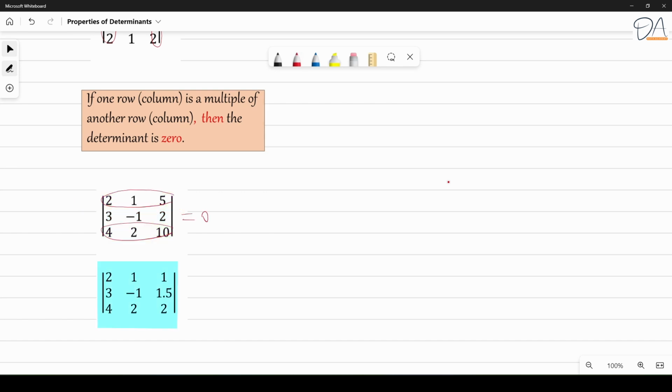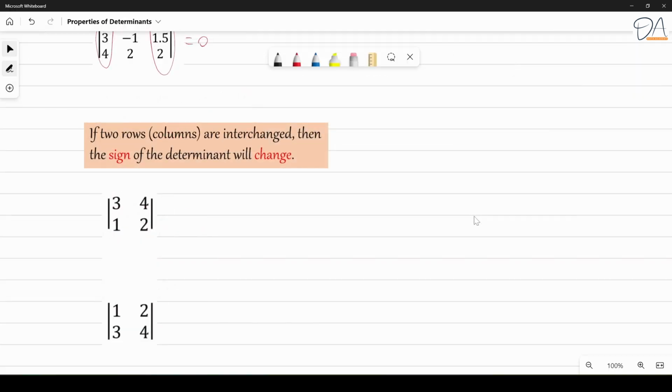In the second determinant, if we compare the first column and the third column, we also see that the first column is twice the third column. So 1 times 2 gives you 2, 1.5 times 2 gives you 3, 2 times 2 gives you 4. So this is also 0.